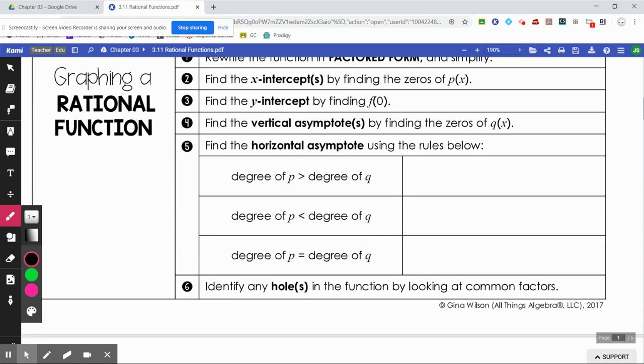Okay, here's how we know where our horizontal asymptotes are. We look at the degrees of p and the degrees of q. Remember p is on top, we're doing p over q. If the degree of the top is greater than the degree of the bottom, then there will be no horizontal asymptote.